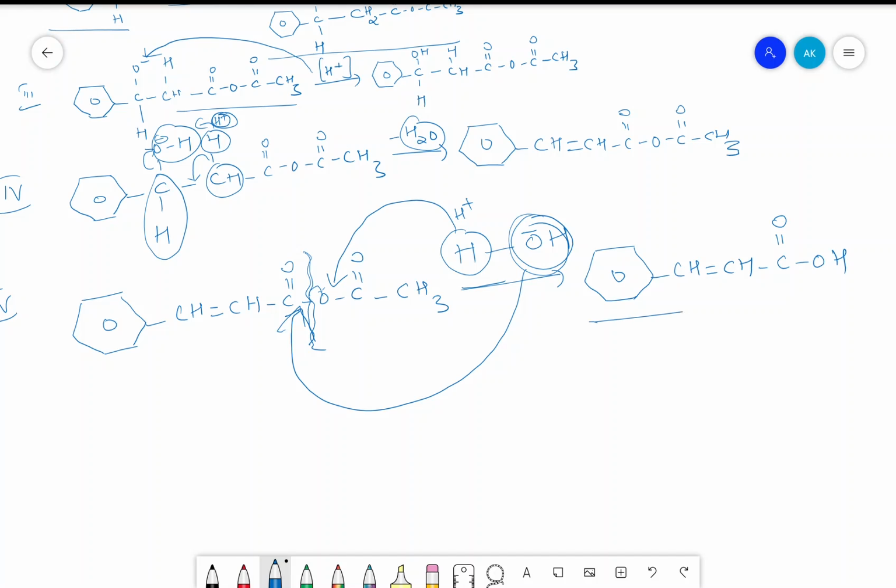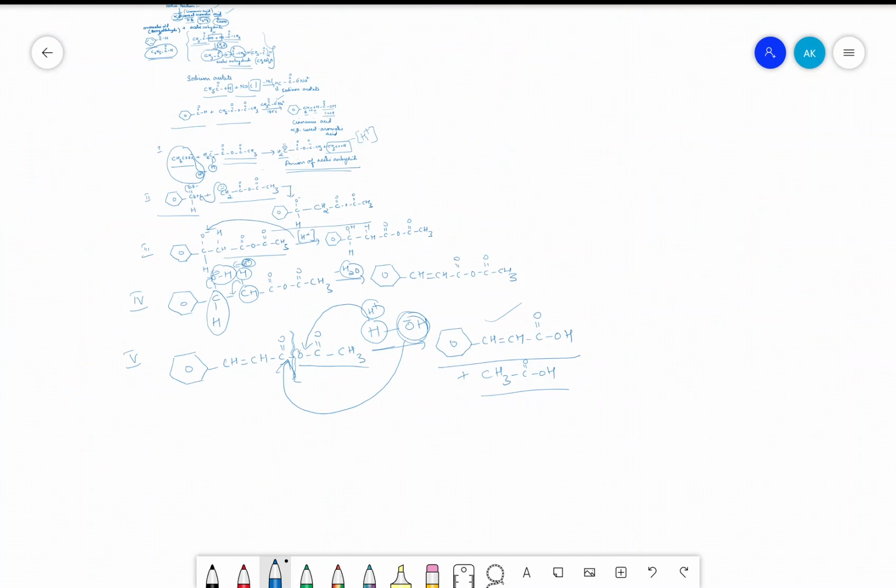So this is alpha beta unsaturated aromatic acid plus CH3 C double bond O, along with this H, which is nothing but acetic acid, that is CH3 C double bond OH. So this is a very simple named reaction, the Perkin reaction of the carbonyl group, where we are going to get alpha beta unsaturated aromatic acid, that is cinnamic acid, following these few steps.